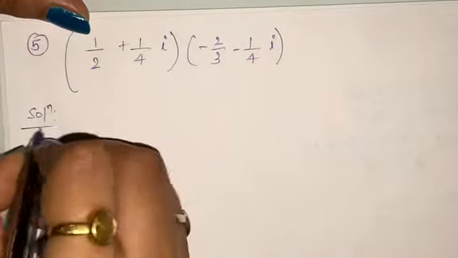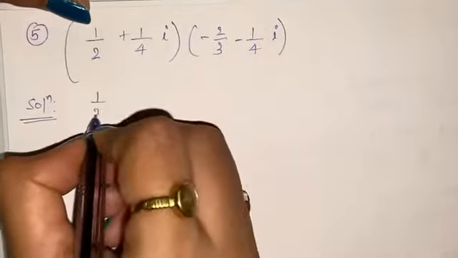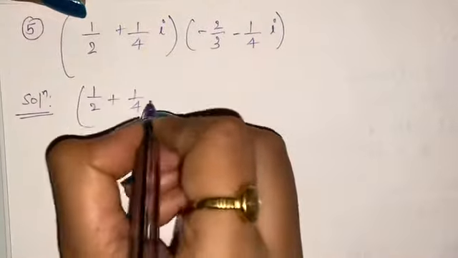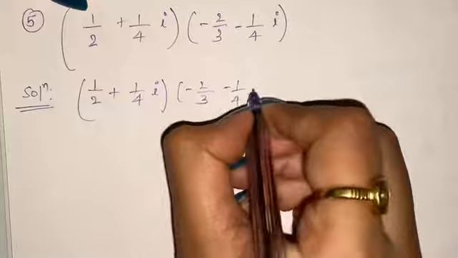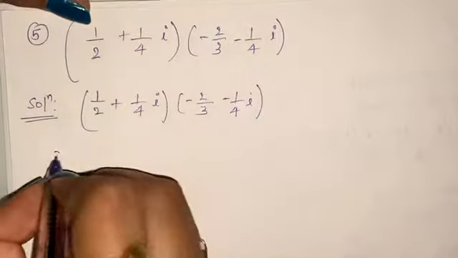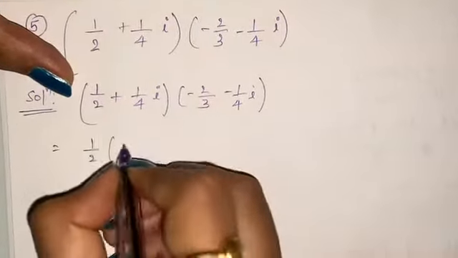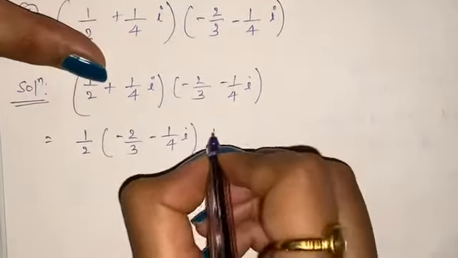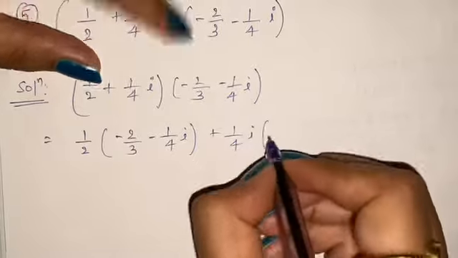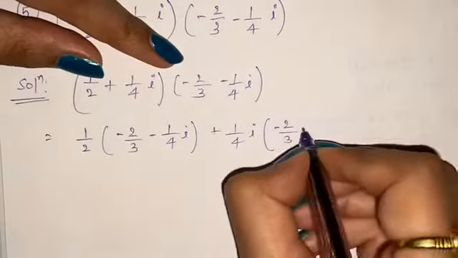Solution is, two brackets are given. You can directly apply the formula, or you can do 1 by 2 into minus 2 by 3 minus 1 by 4 i, plus 1 by 4 i into the second bracket, simple multiplication.